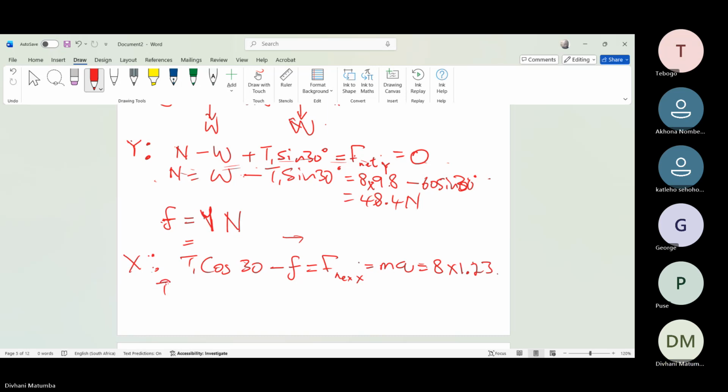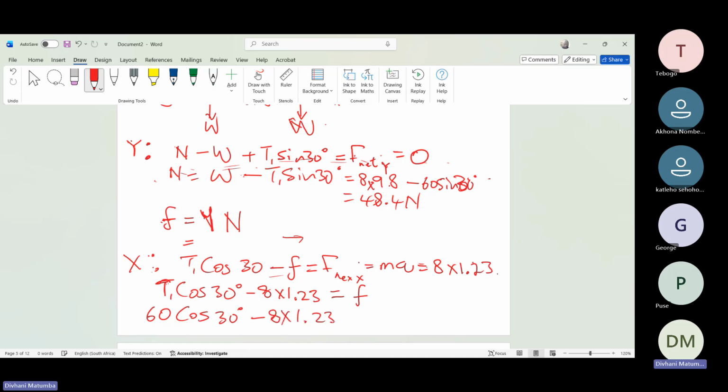So T1 cos of 30 minus 8 times 1.23 is equal to friction, if I take friction to the other side, it will have a positive sign. And your T1 was given by 60. 60 cos of 30 minus 8 times 1.23 will give us the frictional force.